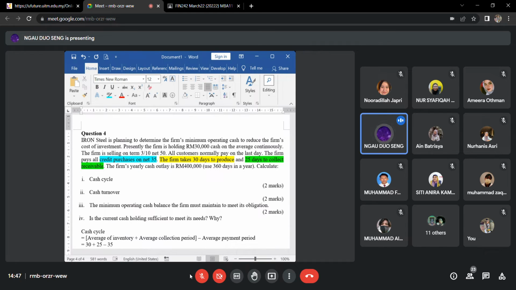So this one, okay, this one no. The firm cash outlay kat sini, cash outlay adalah 400,000. Right, 400,000.